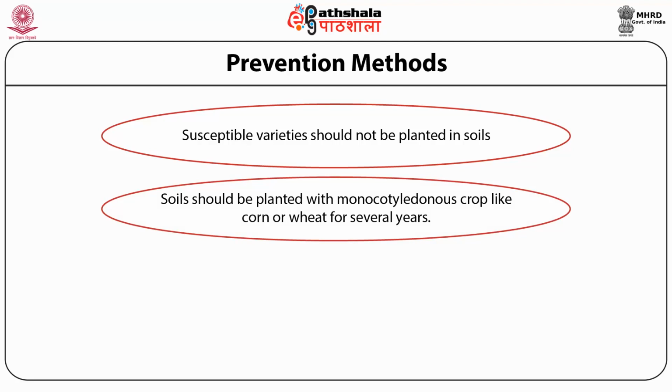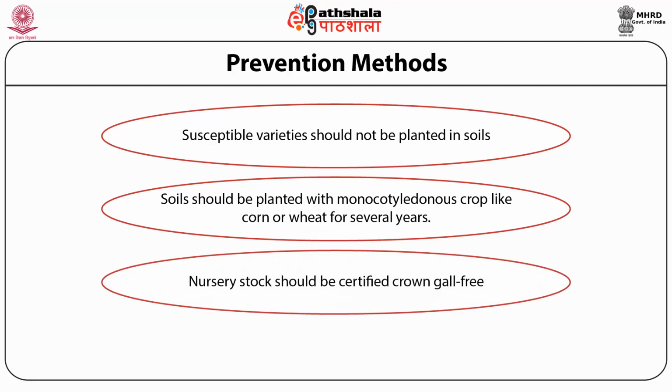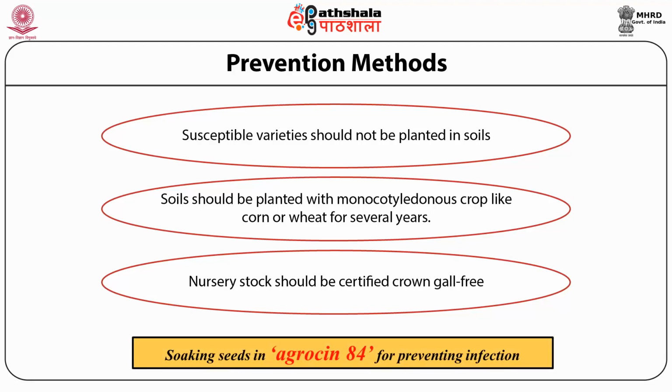In this case, the soil is planted with monocot crops like corn and wheat for several years, or in the case of a nursery, we try to select plants which are certified gall-free. Nowadays, Agrocin 84 is present in the market, through which we can prevent infection by such bacteria via soaking of the seeds.